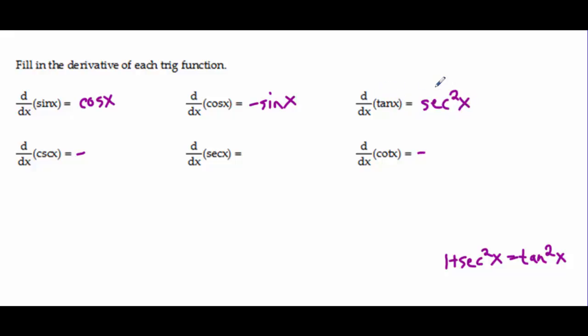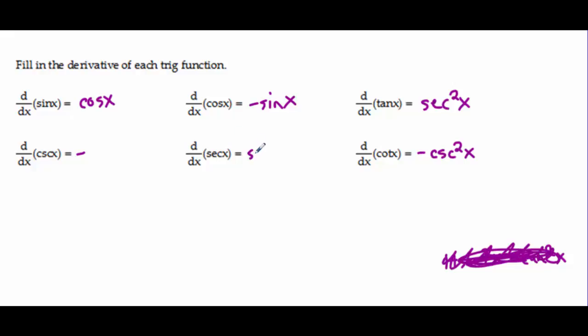If I can remember that tangent is secant squared, cotangent is going to be negative cosecant squared, because just like tangent and secant go together, cotangent and cosecant go together with these identities. So if I can remember one of them, hopefully I can remember the other one. Secant and cosecant also have a similar thing happening.